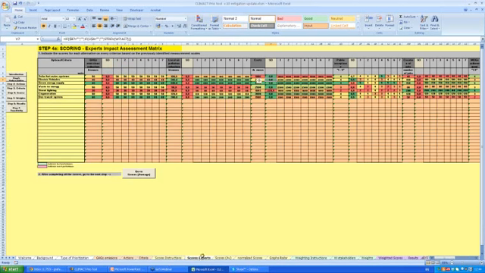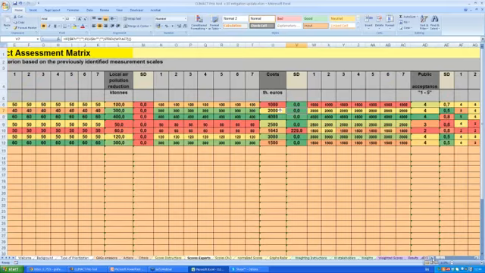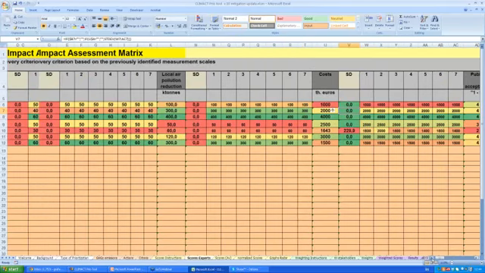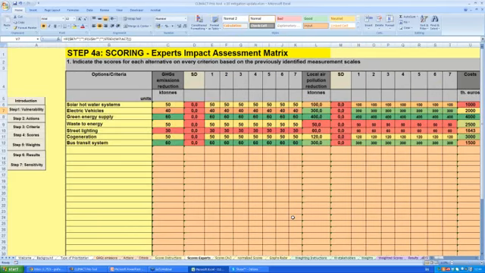Then we move on to the scores, to the impact matrix. So what you see here, I'm not sure if you can clearly see. This is the step where different experts can identify scores, values, predictions, judgments on how the different solutions perform or score against our criteria.